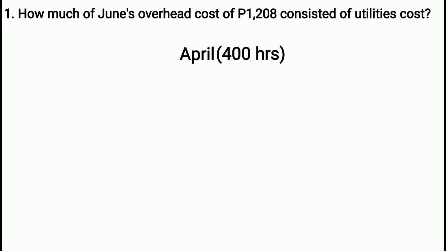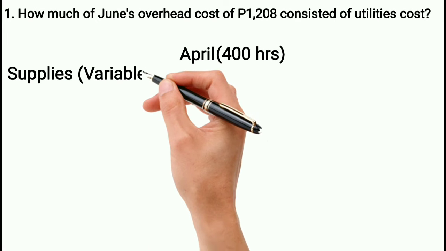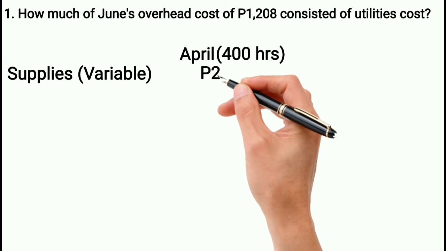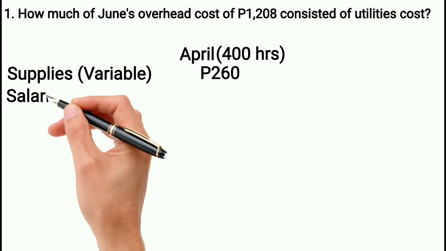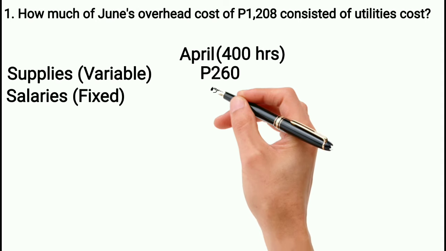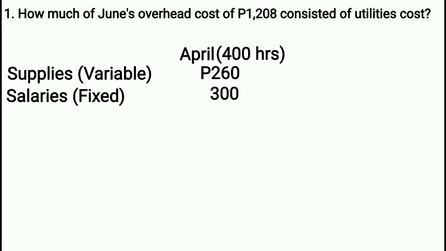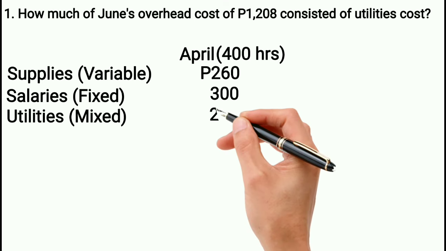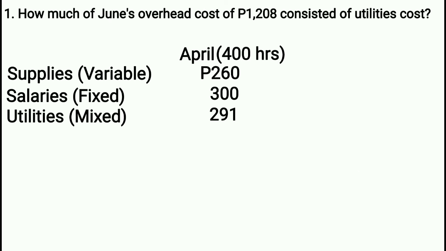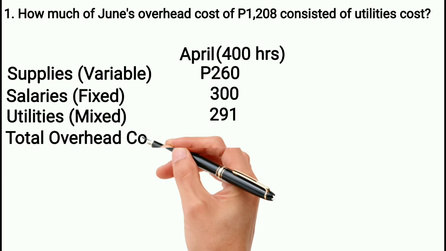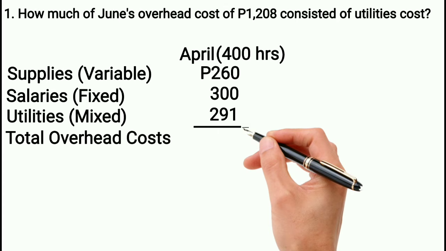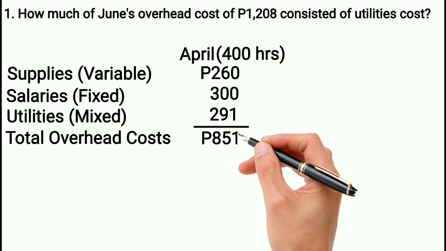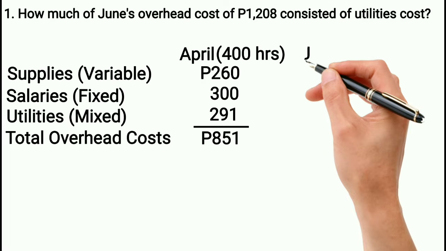In April, yung supplies na variable cost ay 260 pesos. Yung salaries na fixed cost ay 300 pesos. At yung utilities na mixed cost ay 291 pesos. All in all, the total overhead costs amount to 851 pesos.